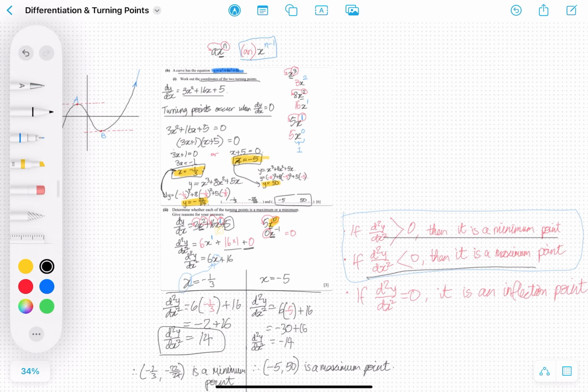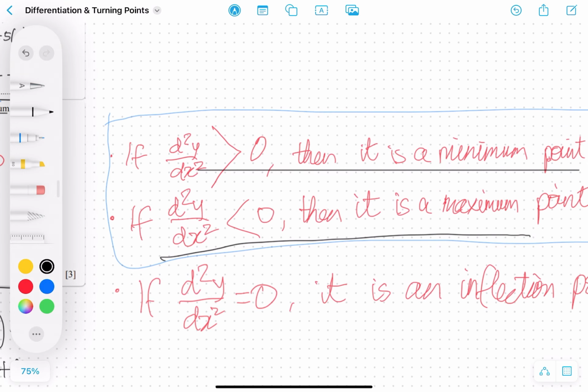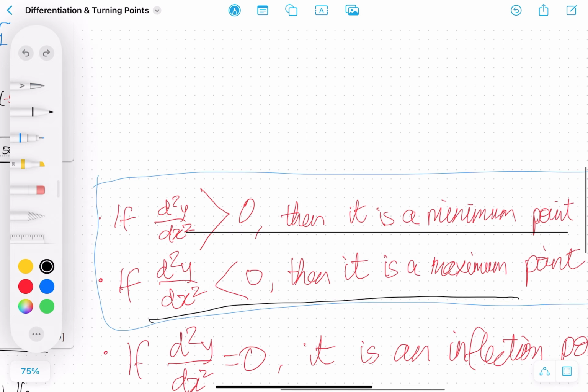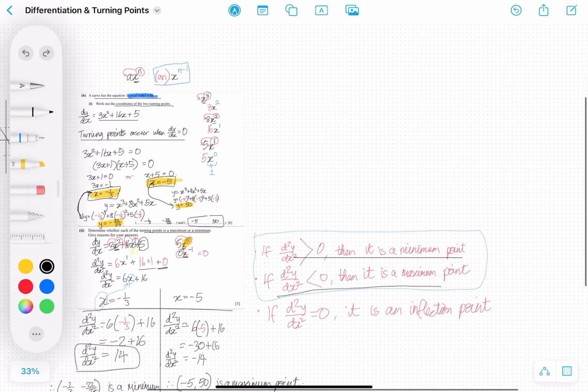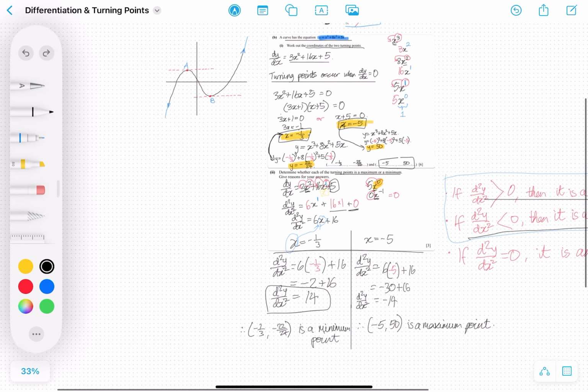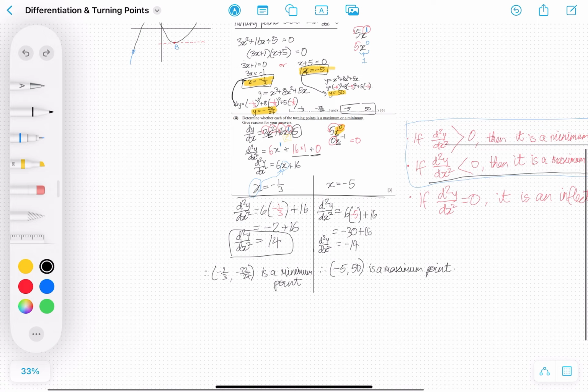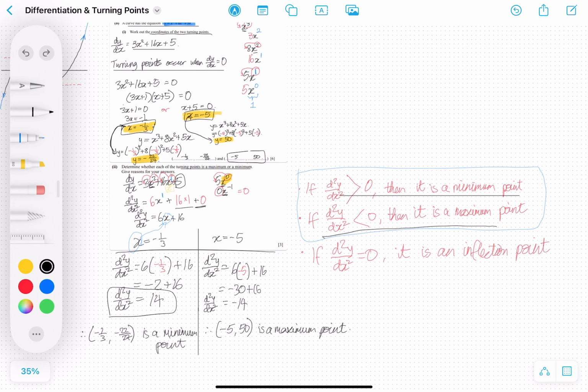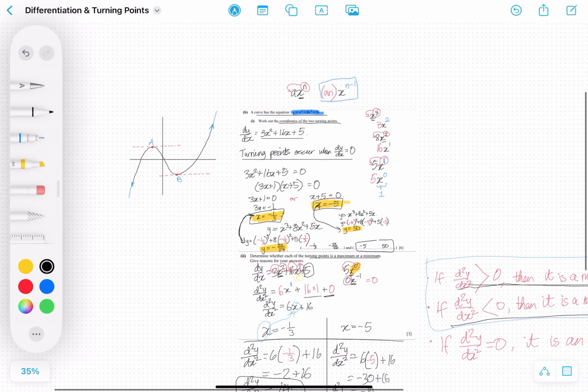And now I'm just going to briefly go on to illustrate this example right here. This is like a proof of why it works, because many students just remember it without really understanding what's behind it. So here we've seen that if the second derivative is greater than 0, then it's a minimum point.